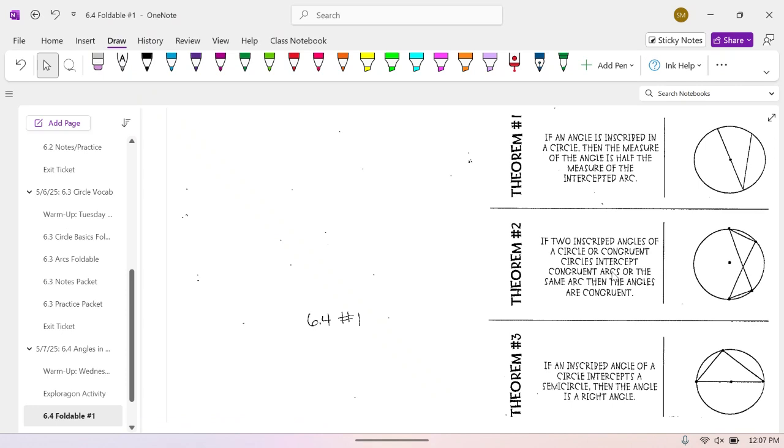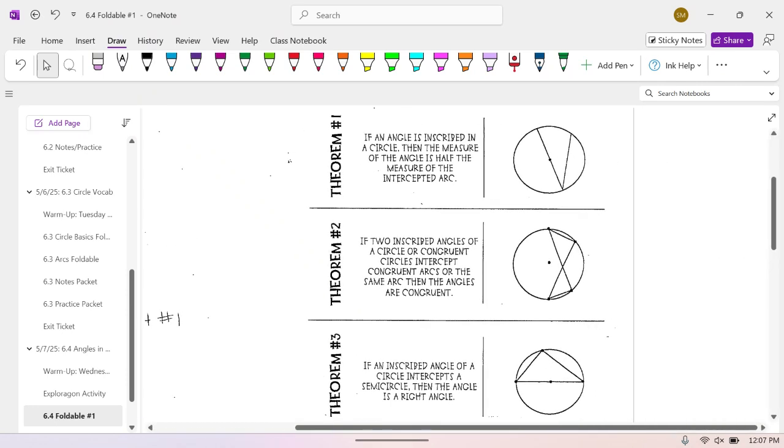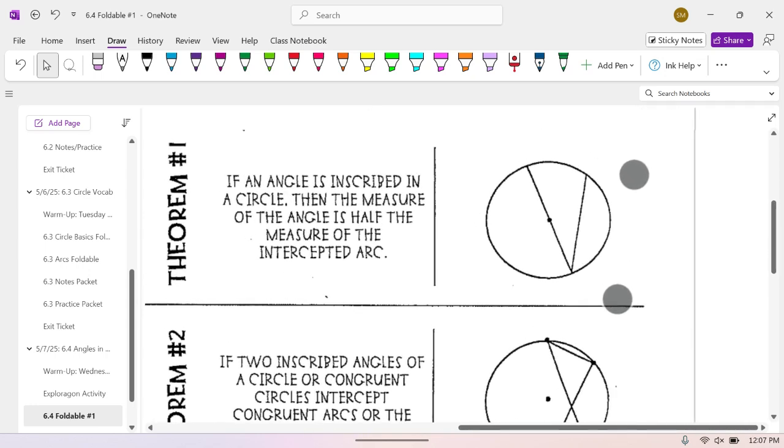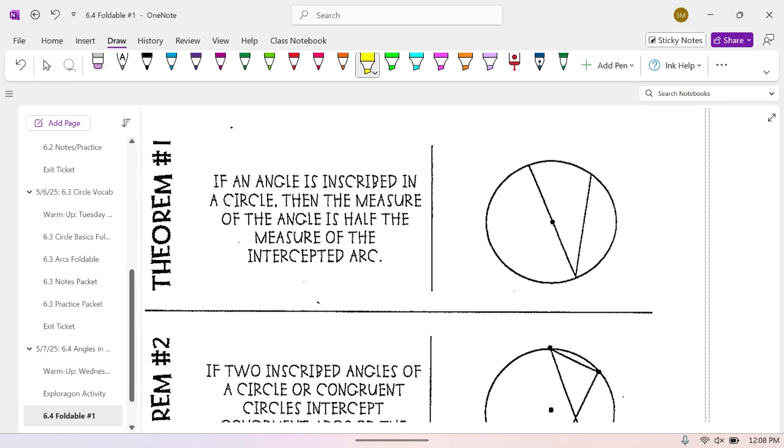All right. So the very first theorem that we have is what we literally just discovered during class with the exploragons. When an angle is inscribed in a circle, then the measure of the angle is half the measure of the intercepted arc.